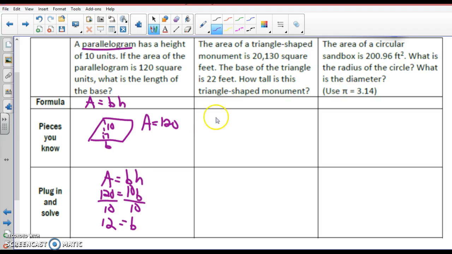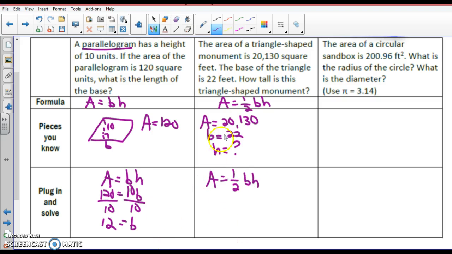Well, what's the formula for a triangle? Area equals 1/2 base times height. So, what did they give us? They gave us the area is 20,130. The base is 22, and we don't know the height. So, let's use our formula. Area equals 1/2 base times height, and let's plug in what we know. 20,130 equals 1/2 times the base, which is 22.